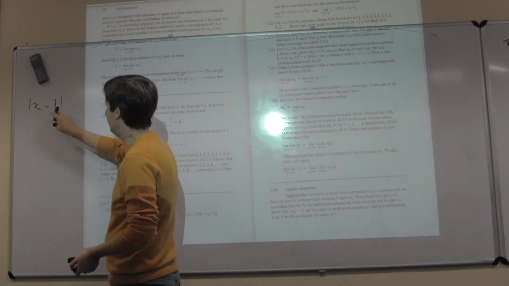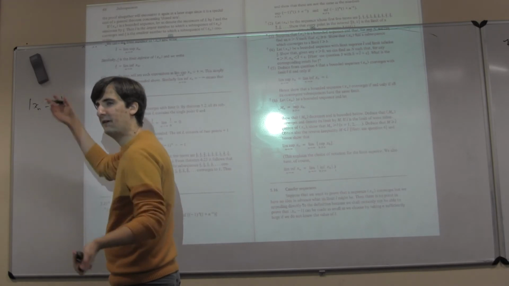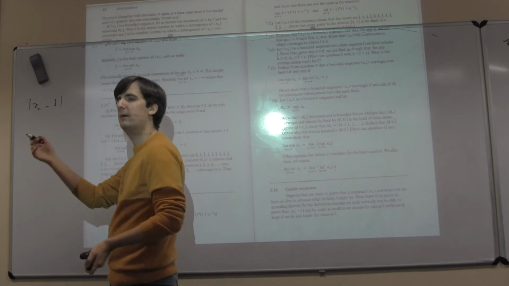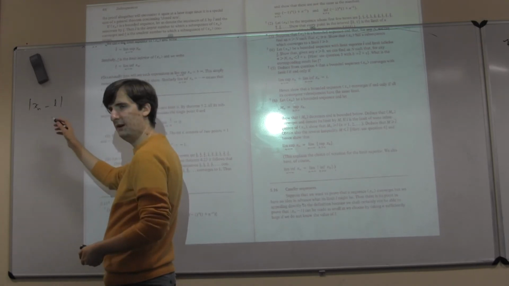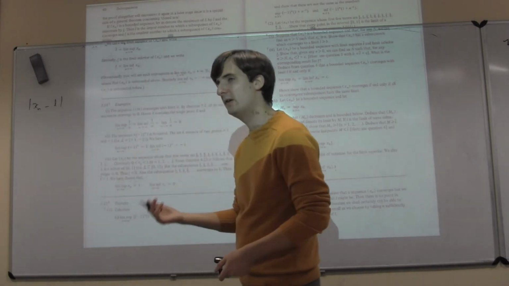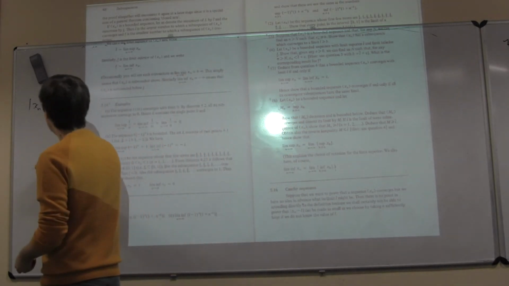Without knowing what the limit is, it'll be very hard to prove what it converges to. So you'd like to be able to prove that it converges to something at least.